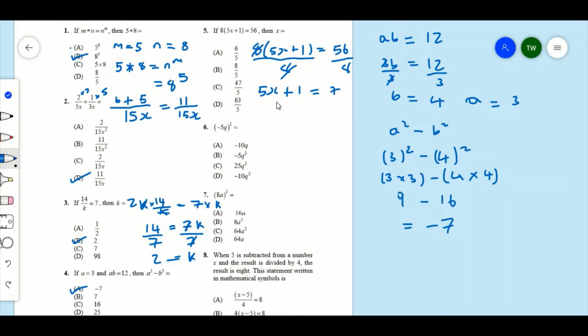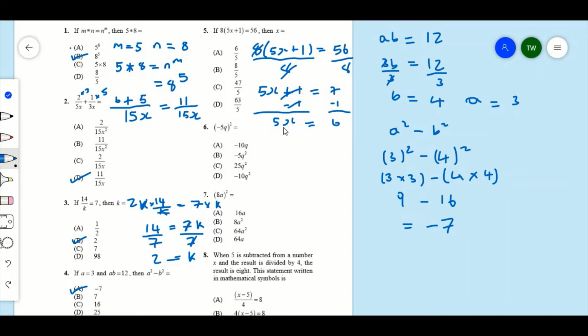Now, in order to determine the value of x, we need to get rid of this plus 1. So we are going to subtract 1 from both sides. Clearly, plus 1 minus 1, that's going to give us 0. So what we're left back with here is 5x is equal to 7 minus 1, that's going to be 6.